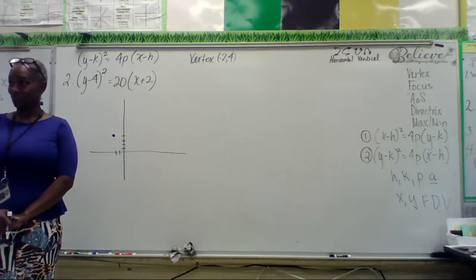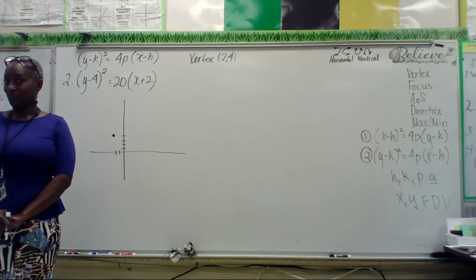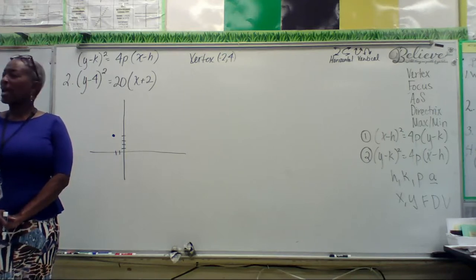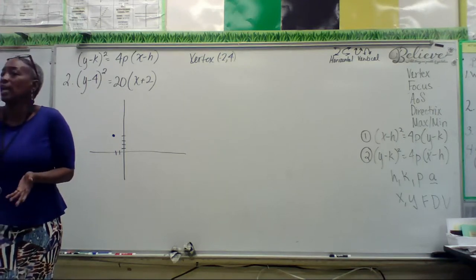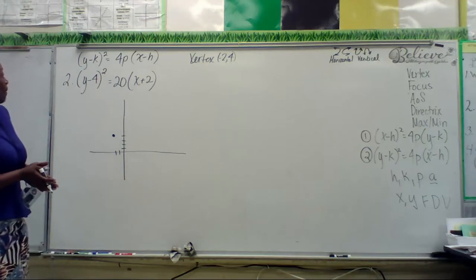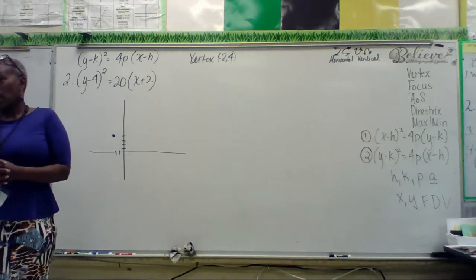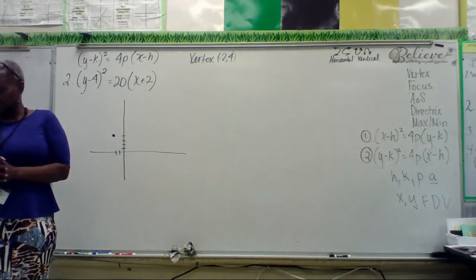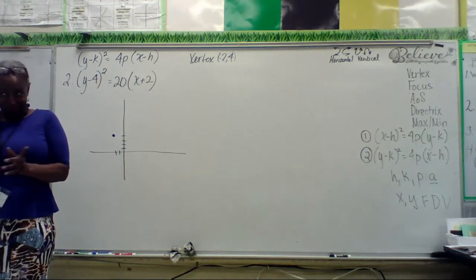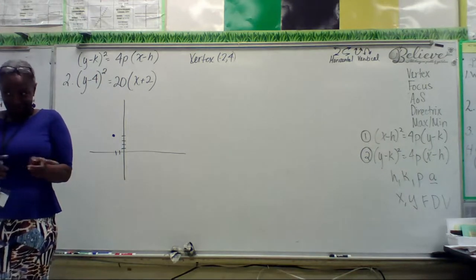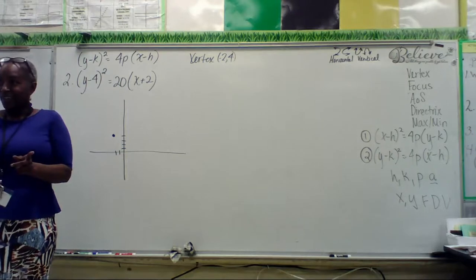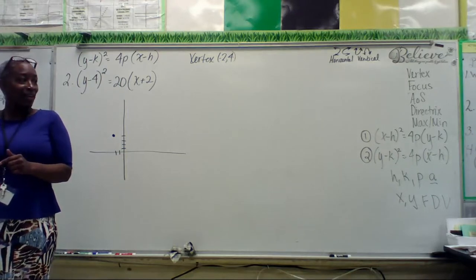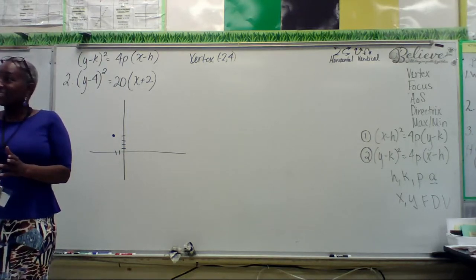You gotta look at the equation. I gotta understand the concept. I gotta understand how it's opening. How is it opening? It's gonna open to the right. Side to side.